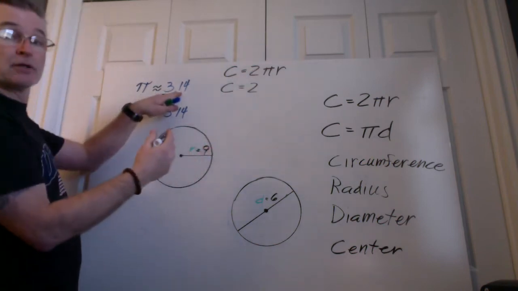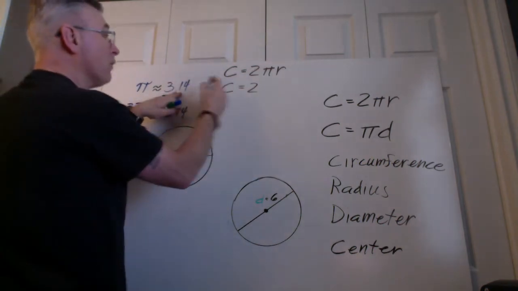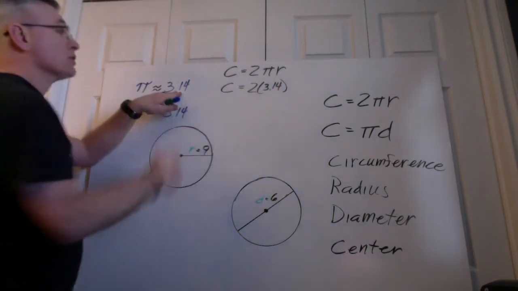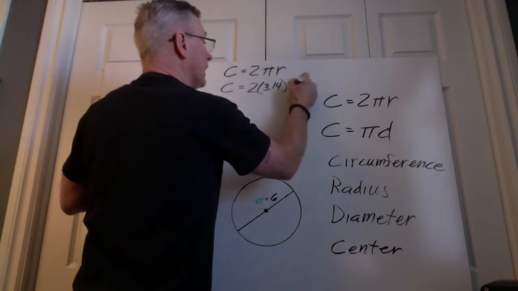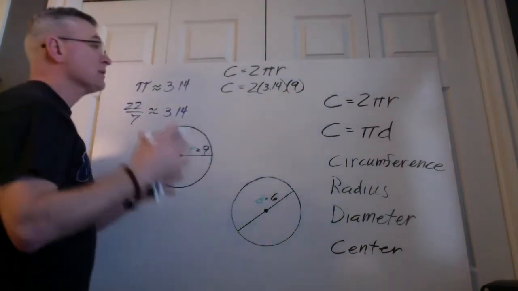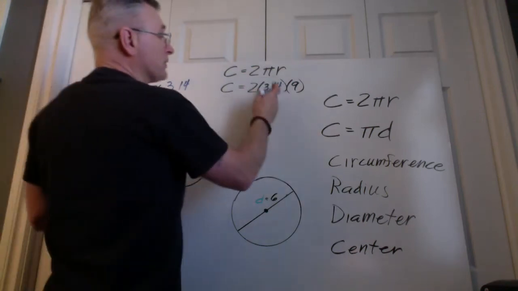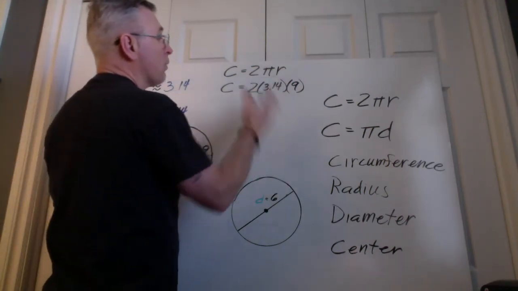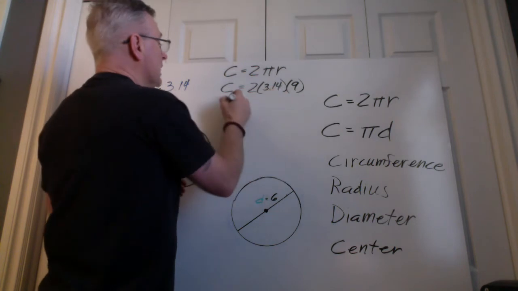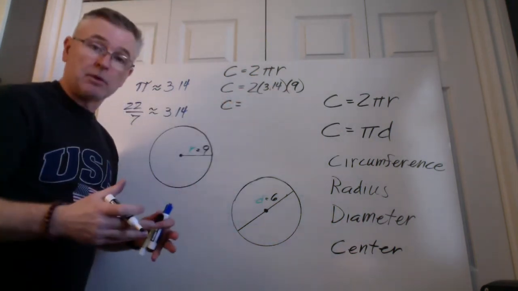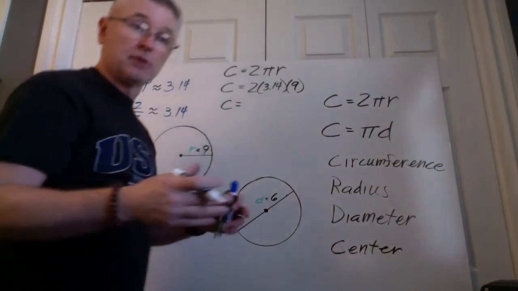I'm going to use this approximation of pi, 3.14, and then I'm going to use r, which is 9. Everything I'm substituting, I'm putting in parentheses because I want to keep the numbers separate still, but I want to know that there's still multiplication.